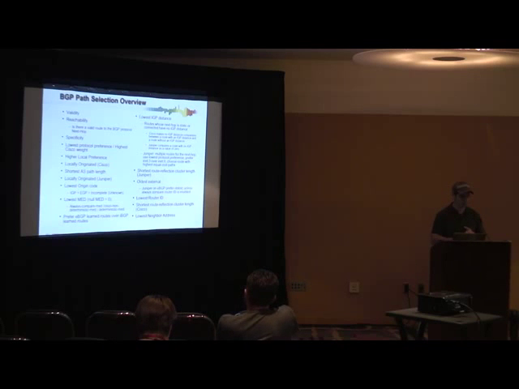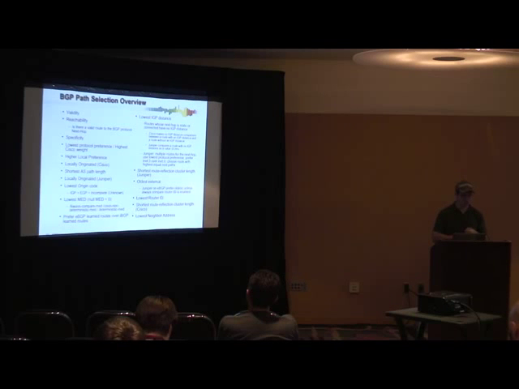Then you're going to prefer the lowest protocol preference, or the highest Cisco proprietary weight, higher local pref, locally originated on Cisco, shortest AS path length, locally originated on Juniper. You can see the vendors implement things slightly differently. Lowest origin code, where IGP is better than EGP, which is better than incomplete or unknown. Lowest multi-exit discriminator.